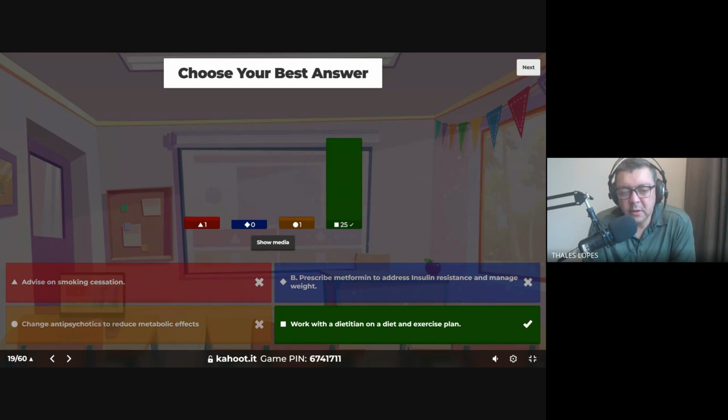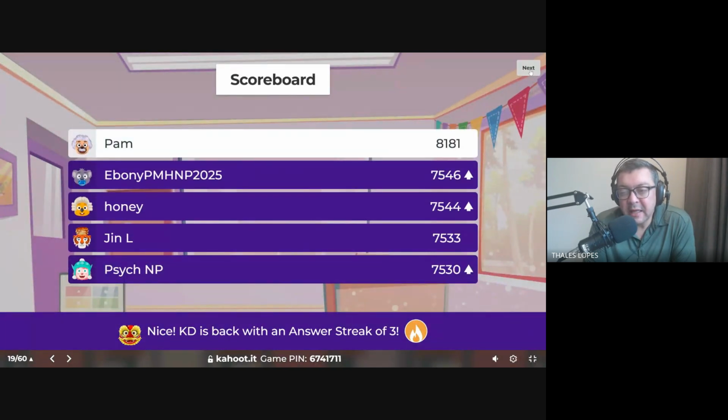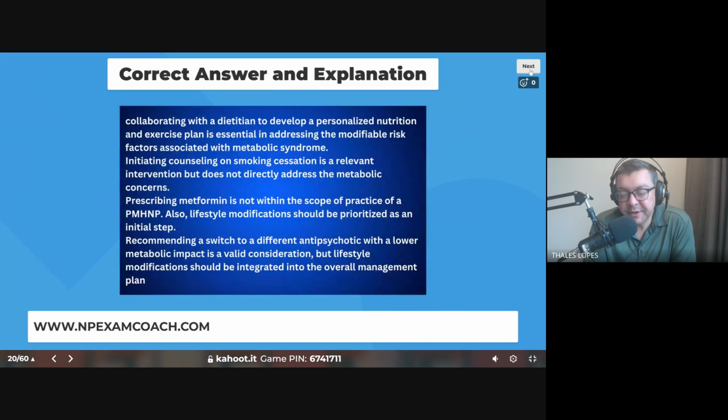Okay, excellent. So if you change an antipsychotic to reduce metabolic effect, it is a good choice, okay? But remember, do not destabilize the patient. If the patient is stable, work on exercise, lifestyle modification, and especially involve a nutritionist because you want to collaborate.